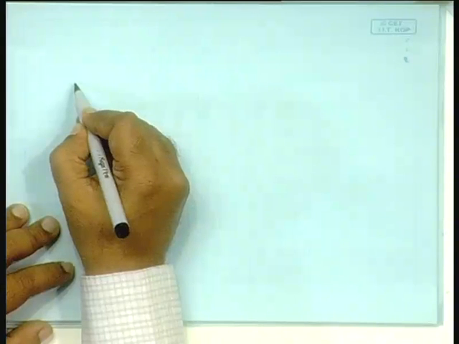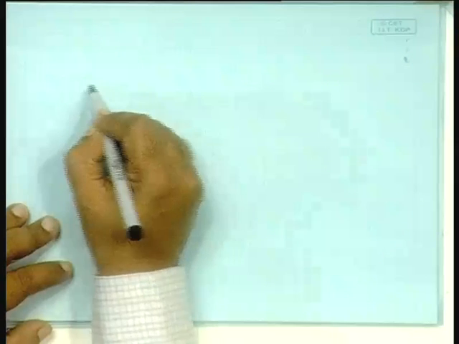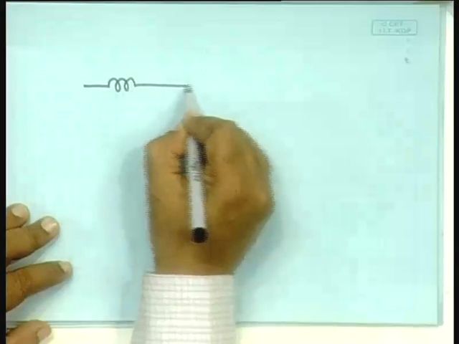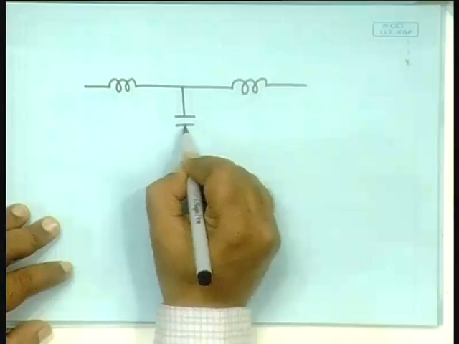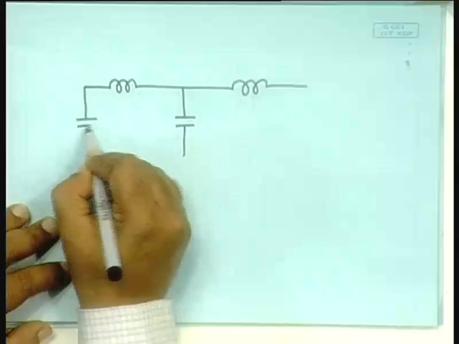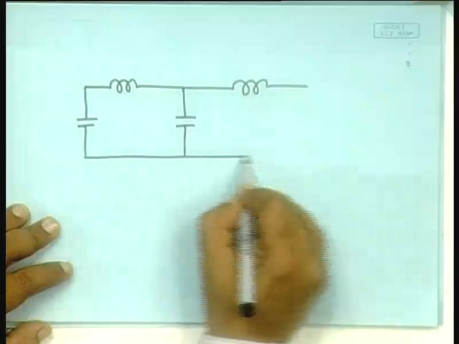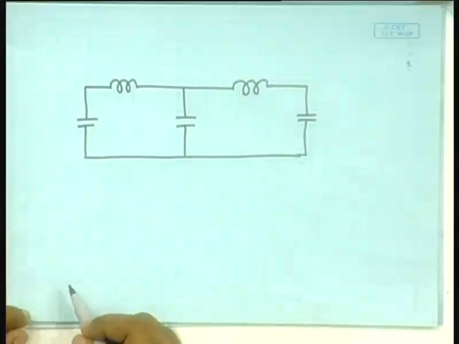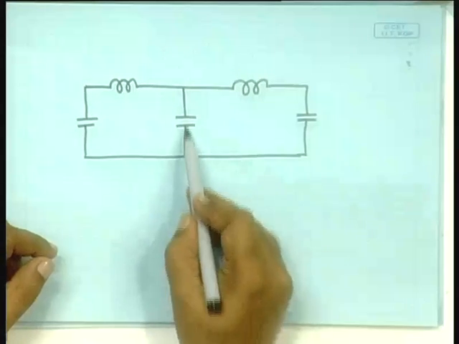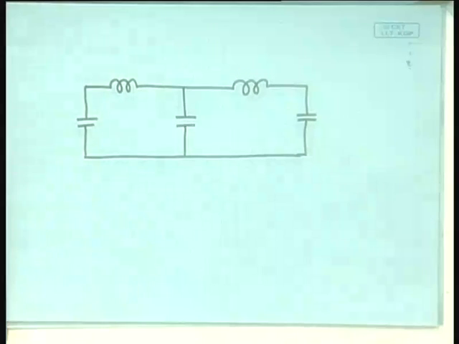Say suppose the circuit is like this, there is an inductor, there is another inductor, there is a capacitor, there is a capacitor, and there is another capacitor. Then there is a charge flowing here, there is a charge flowing here, there is a charge flowing here, and what are the minimum number?